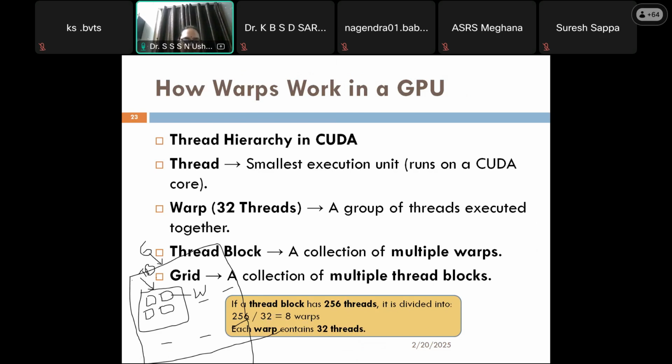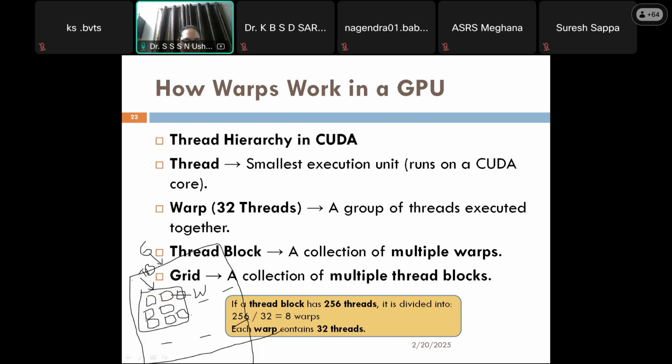Each warp contains 32 threads, and the thread block contains 8 warps. 1, 2, 3, 4, 5, 6, 7, 8.